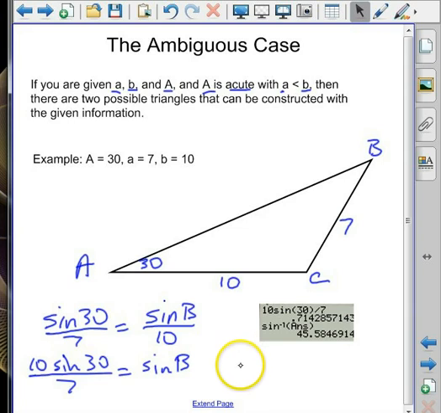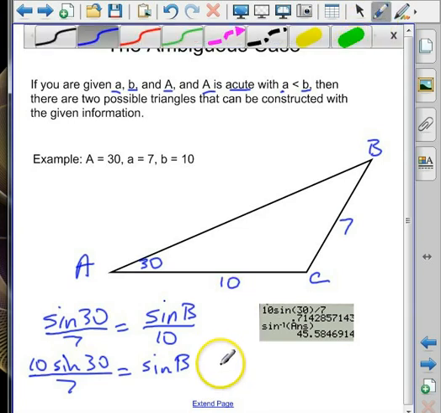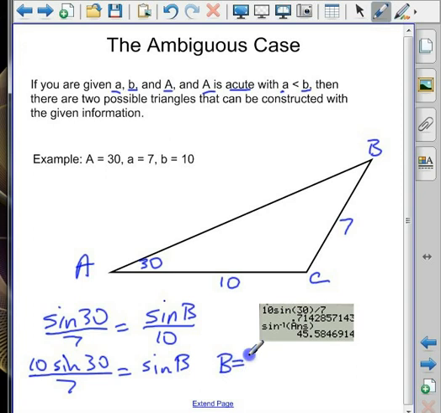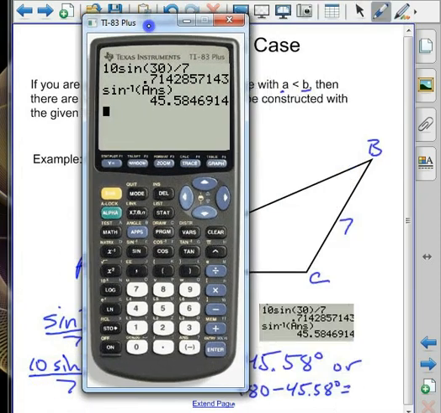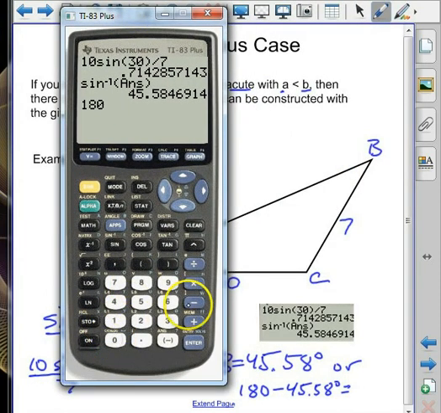And so to cover all our bases, we have to say that B could equal 45.58 degrees or 180 minus 45.58 degrees, which is equal to 180 minus our answer, 134.4.